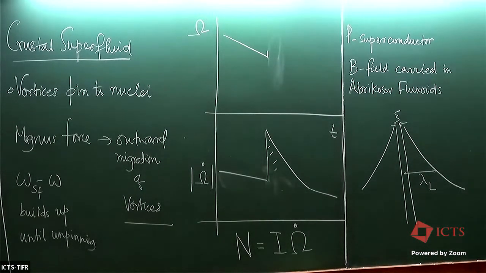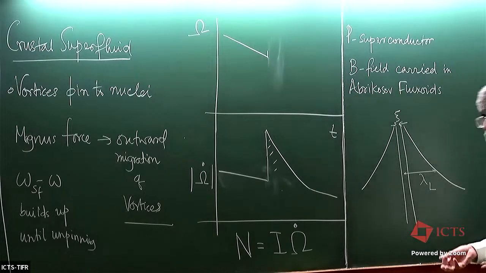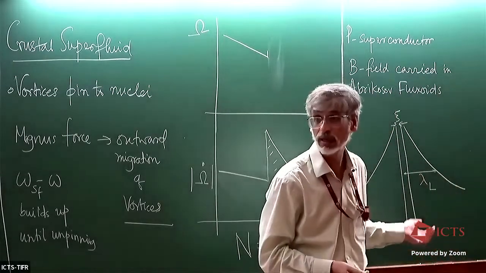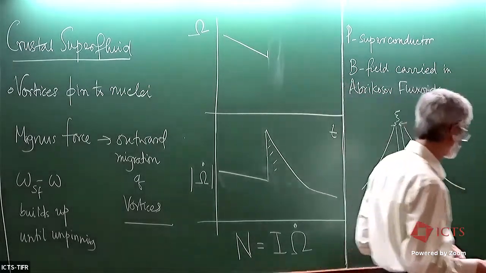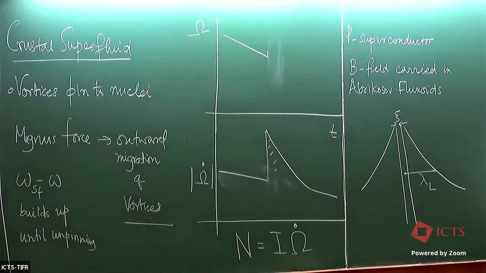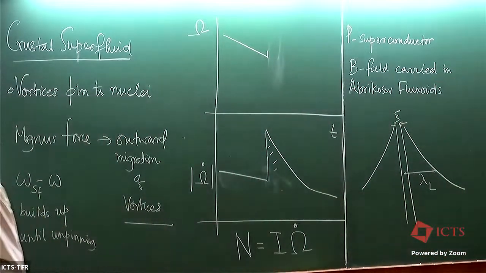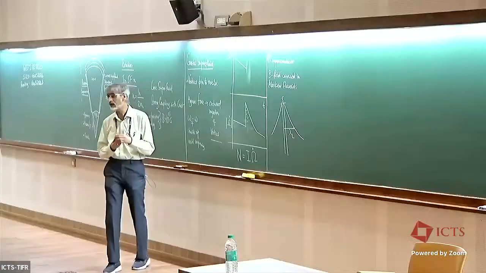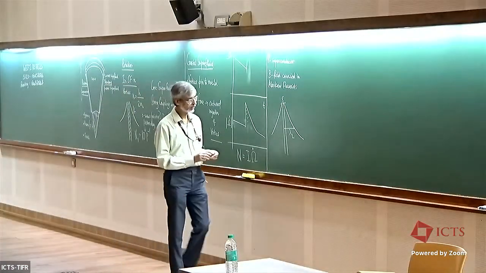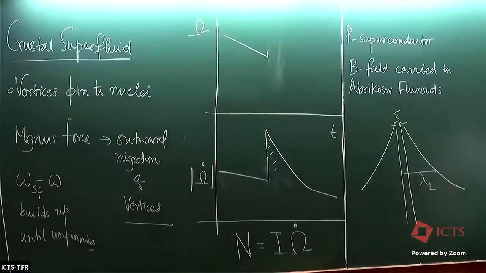And it so happens, if you look at the parameters of the proton superconductor, it happens to be type 2. So it will be able to carry magnetic fields like this. So these are structures similar to vortices in the sense that they are topological similarities in the quantum fluid.